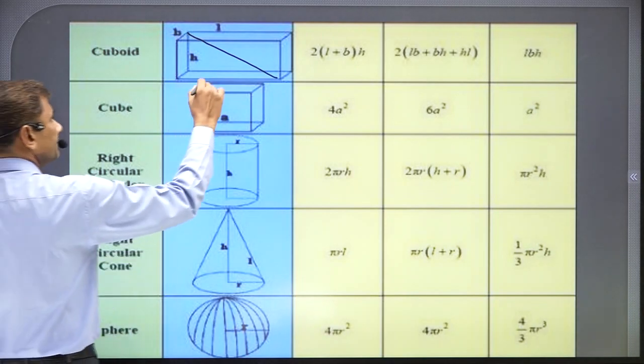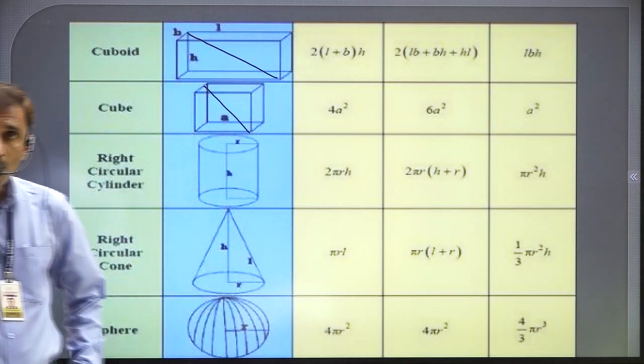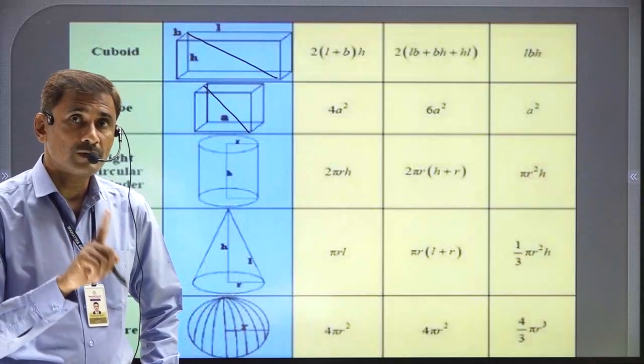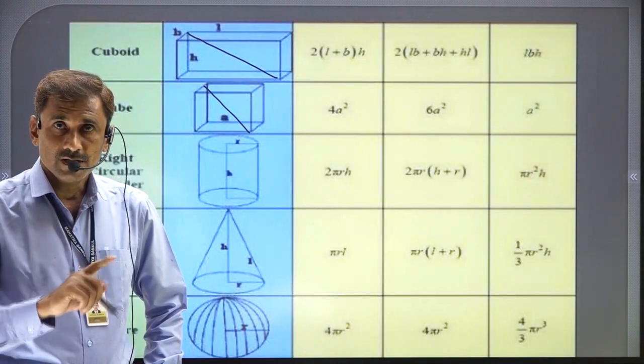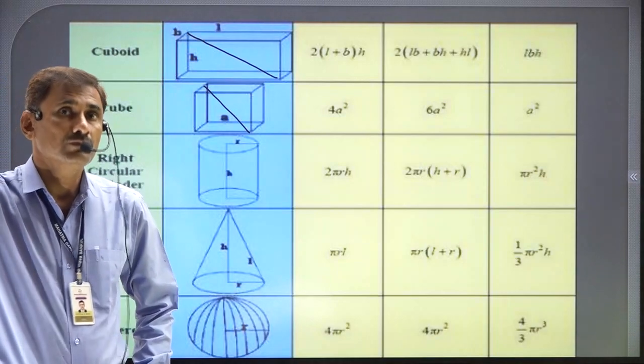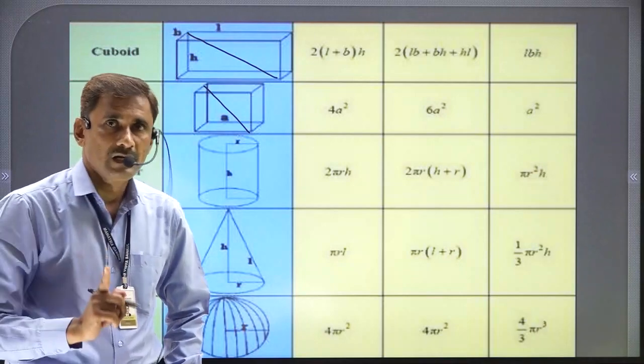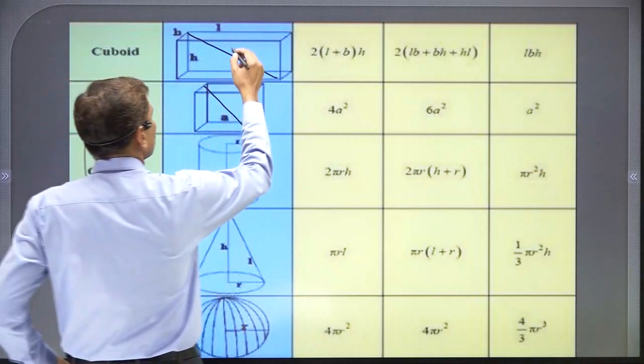Here also, this is the diagonal of the cuboid and cube, not the diagonal of any surface. It passes through the inside of the box, the inside of the room. Okay, the longest rod, the longest line. So what will be the length of this one?